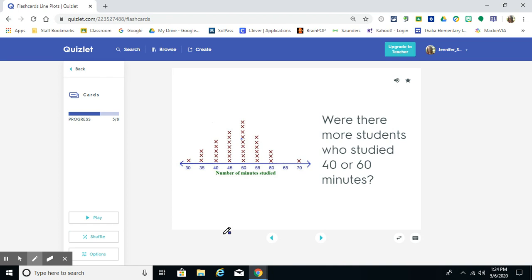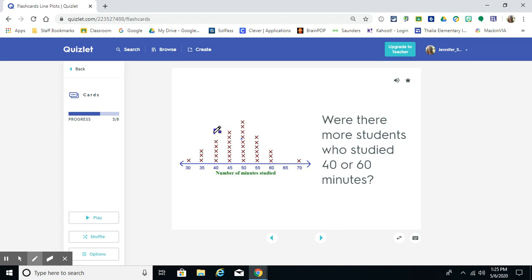Now it's going to be your turn. Were there more students who studied 40 or 60 minutes? So when I look at this, we're looking at the number for 40 minutes, not 40 students. 1, 2, 3, 4, 5.